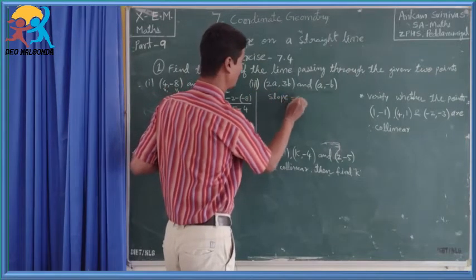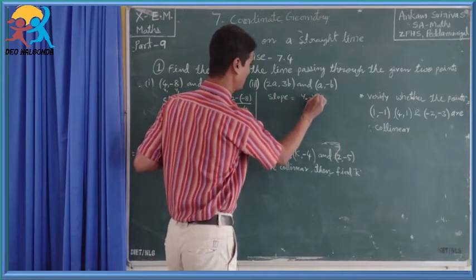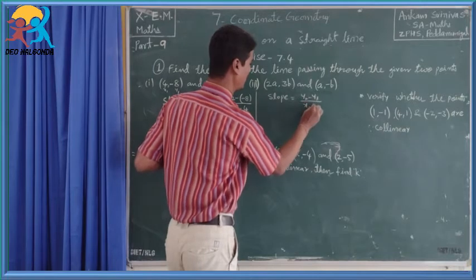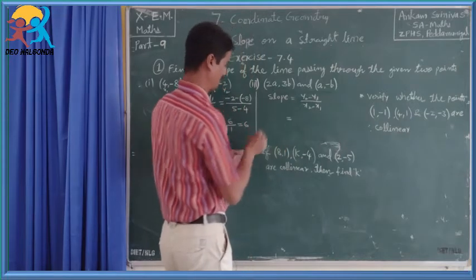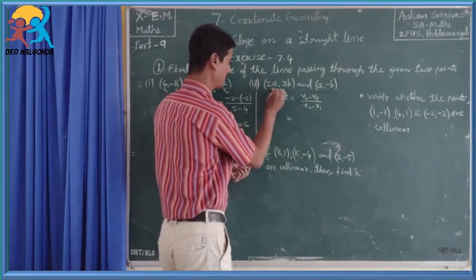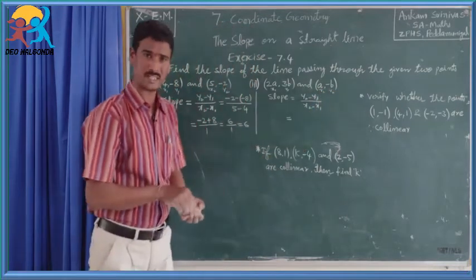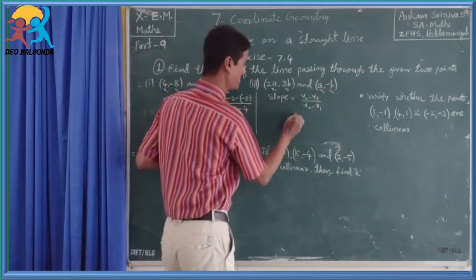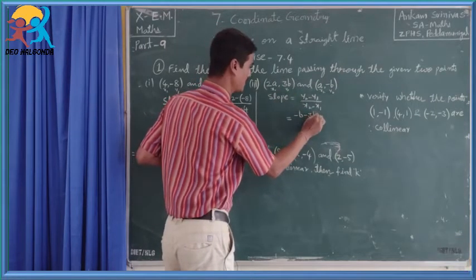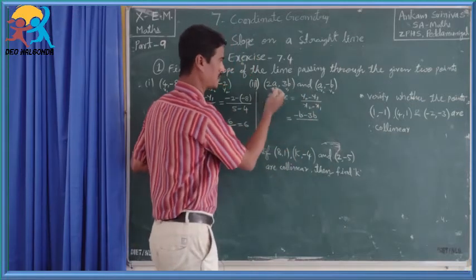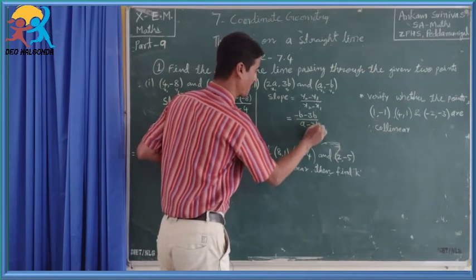Another problem: slope of this line. What is the slope formula? y2 minus y1 by x2 minus x1. Now here, these are x1 and y1, x2, y2. y2 minus y1 is minus b minus 3b, by x2 minus x1, which is a minus 2b.